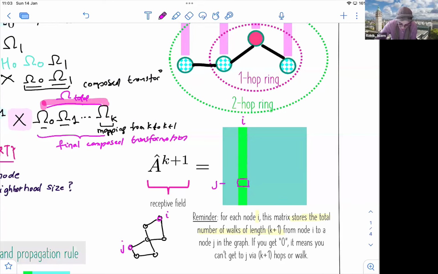If we do A to the power of 2, the number of walks of length 2 from I to J is actually 0. We don't have any walks. But if we do A to the power of 3, we have 1 here, and we have another one here, 1, 2, 3. So we have 2 walks actually. That's what it means.